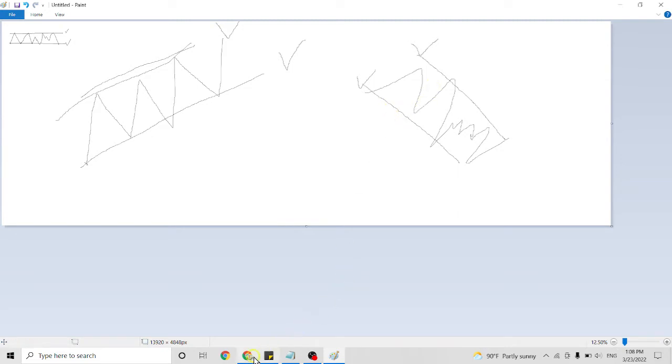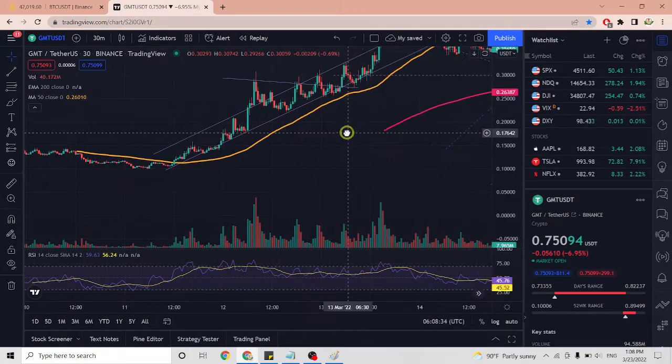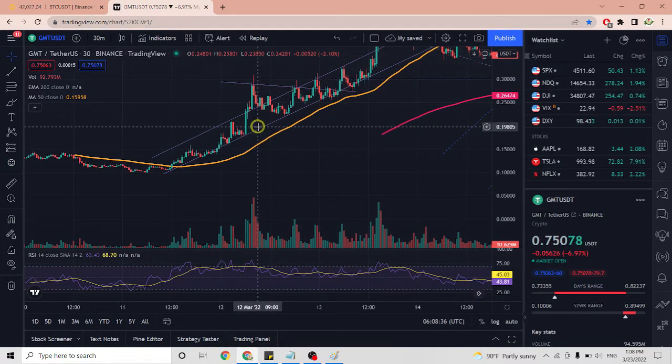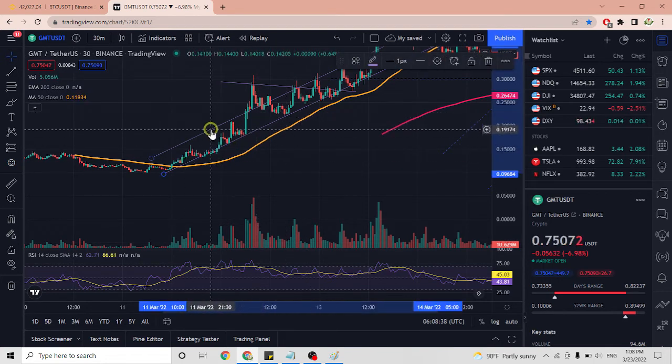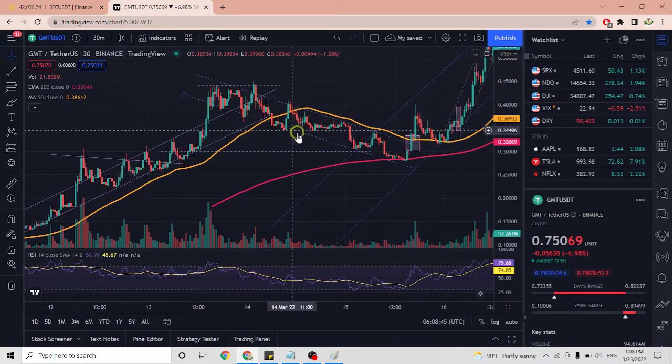Yeah, look at another example. So this is the line. It's uptrend, but there is another line here. It's a twin line. This is because it touches here, touches here.